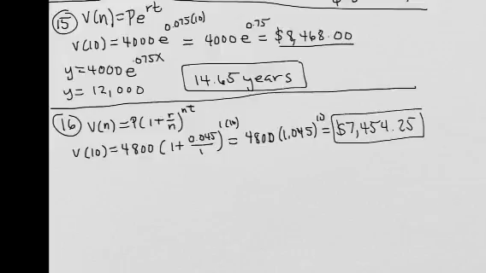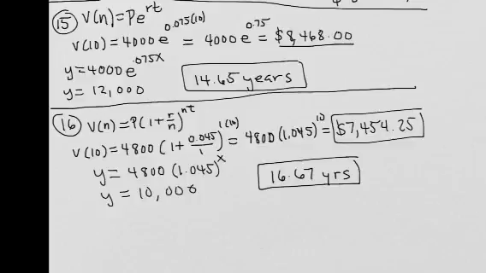And then the next question is, when will it be worth $10,000? So again, I'm going to take a graphing calculator. I'm going to graph y equals 4,800 times 1.045 to the x, and then I'm going to input y equals 10,000 and see where the two intersect, and that's going to give me the time.